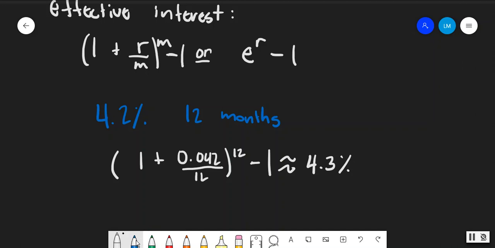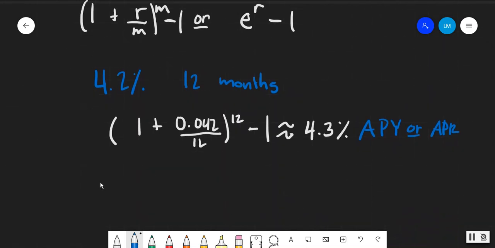Now, most of the time, especially if you work in retail, you usually call this the APY, the annual percentage yield, or the APR. So in this case you would get 4.3%. Now, if this was continuously compounded, that would be a bit different.